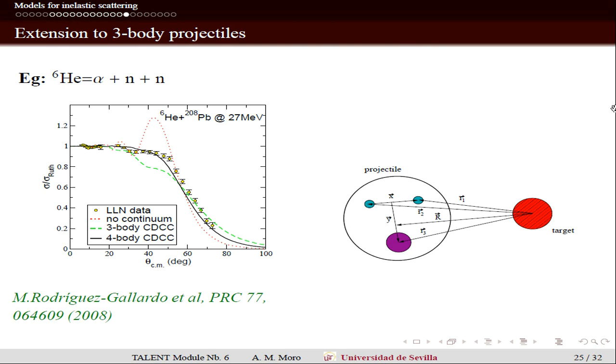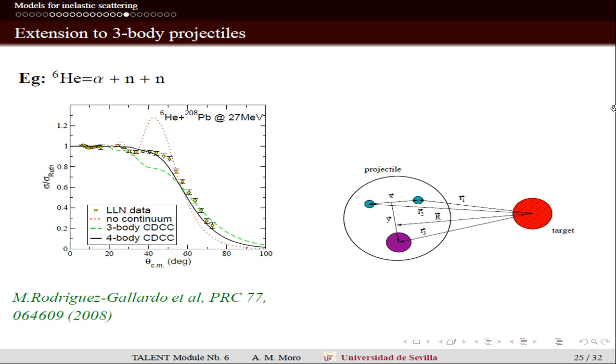And this is an application of the model to this helium-6 on lead data that we fit with some optical model, and we found that we needed a large diffuseness parameter for the real and imaginary parts. These large diffuseness parameters can be traced back to the coupling to these continuum states.